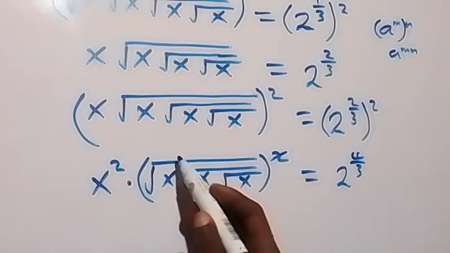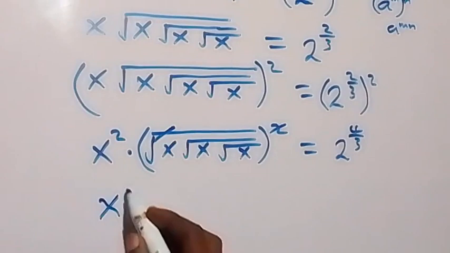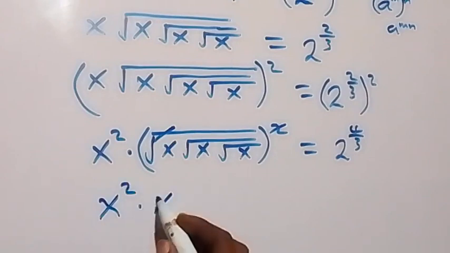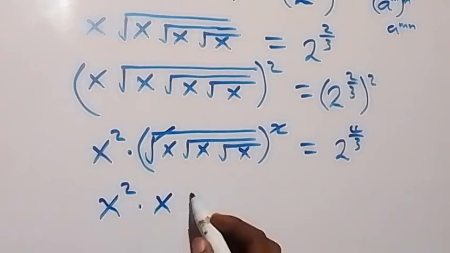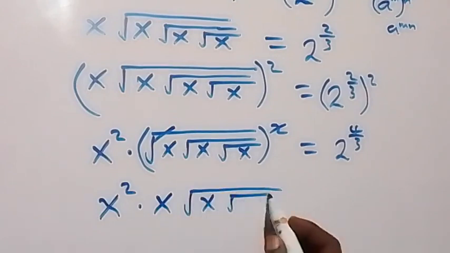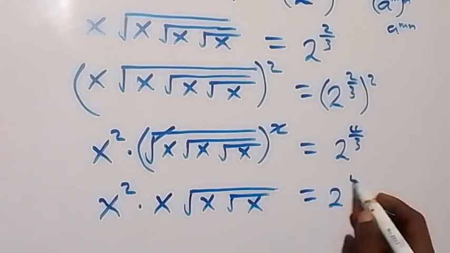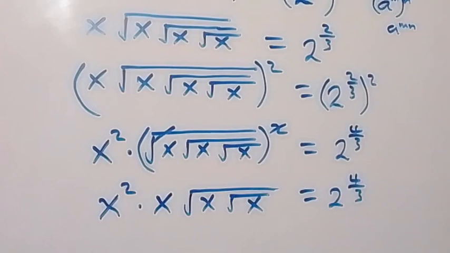And this square here cancels the square root here. We now have x square times x, then times what is left here, square root of x, also square root of x, now equals 2 raised to power 4 over 3.